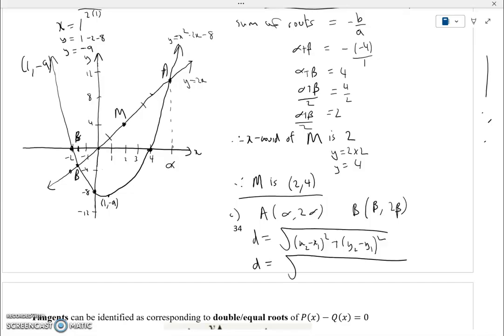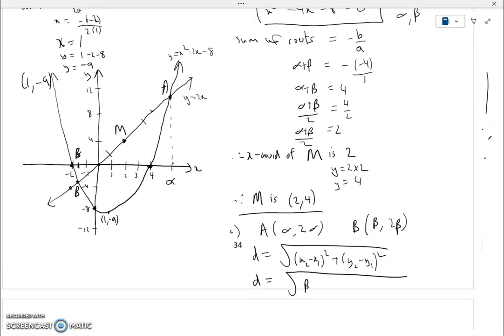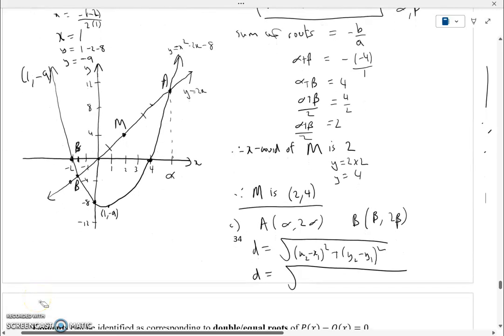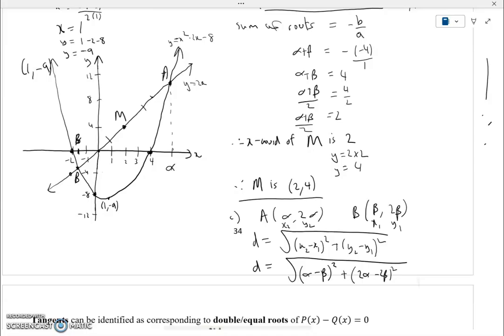Sub in. Let me just check if it's alpha minus beta. Yeah, alpha minus beta. So I might call this one x2, y2 and this one x1, y1. So that'll be x2 minus x1, so alpha minus beta all squared, plus this minus this, so 2 alpha minus 2 beta all squared.